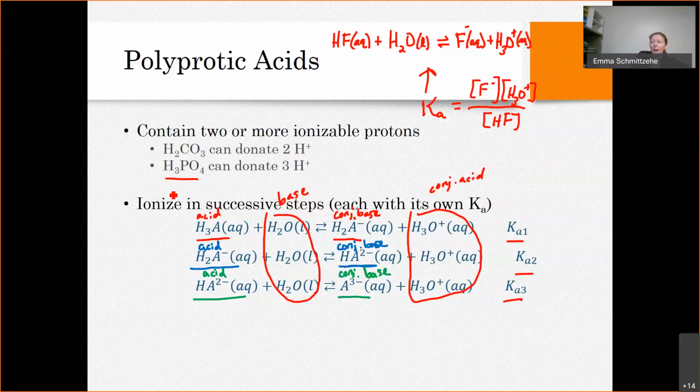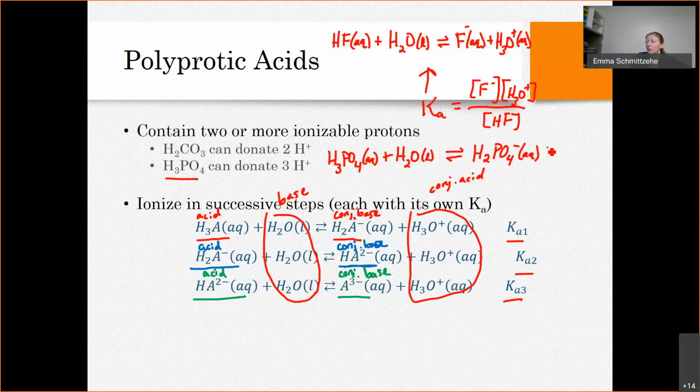If we wrote the reactions, the first step, you would have H3PO4 in solution, and that would react with H2O liquid, and that would reach an equilibrium where it gives up a proton, okay? So it ionizes and it would form H2PO4- with a negative charge because it loses an H+, okay?